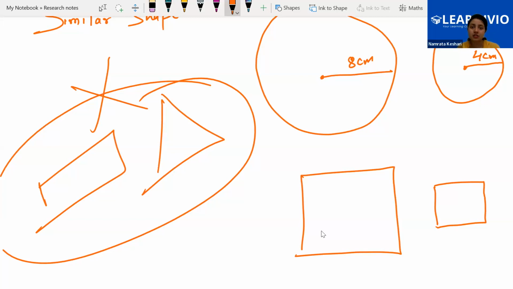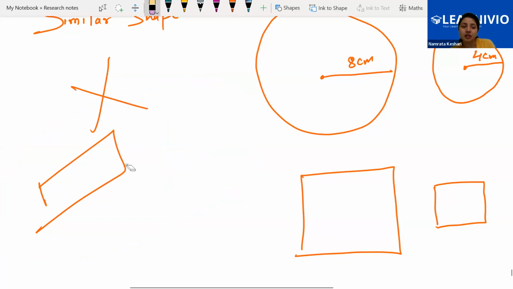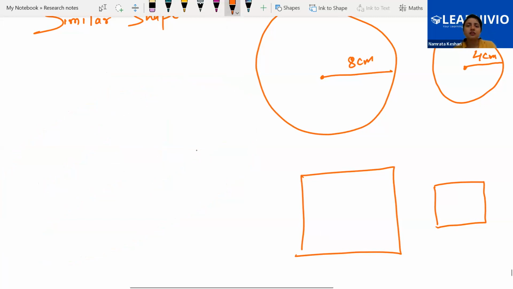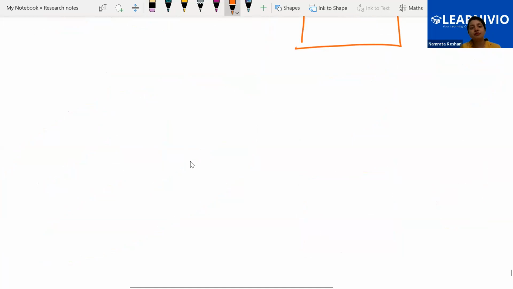This is not similar shapes. But when you compare a circle with a circle, a square with a square, or a rectangle with a rectangle, bigger or smaller doesn't matter. Anyway, can you take the side? No, we cannot take the side anyway.